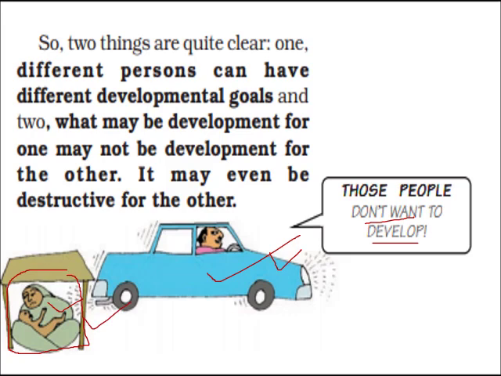She is not having the shelter to hide herself. And you are talking that that kind of people don't want to develop. The reason is, development for a person sitting in this car is something very different.